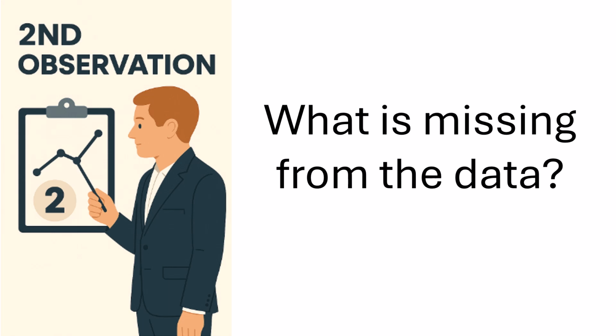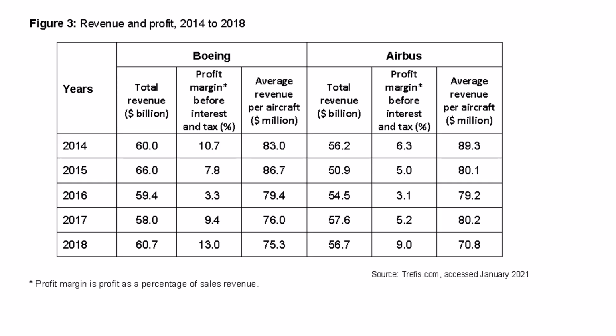Again, let me give you an example from a past paper. Here we have a figure which has revenue and profits. I remember when marking this question, a very, very common limitation was, oh, you can't calculate profits, which was an unconvincing limitation because actually you can. It's untrue. You can use revenue and profit margins to do so.